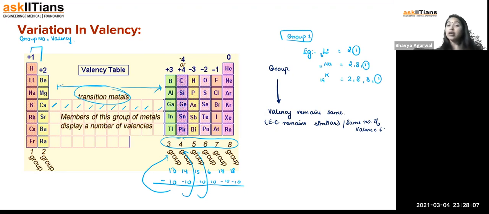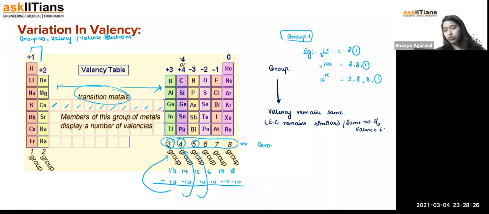Now, if you see here, group 3, 4, 5, this is representing the valence electrons present in these groups.